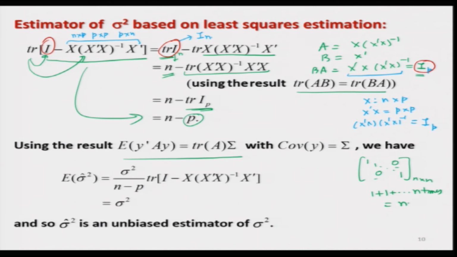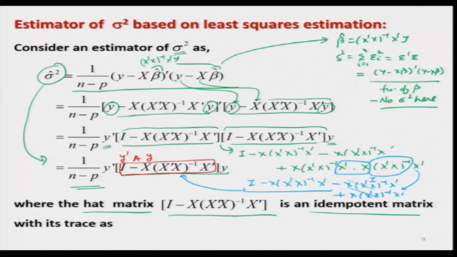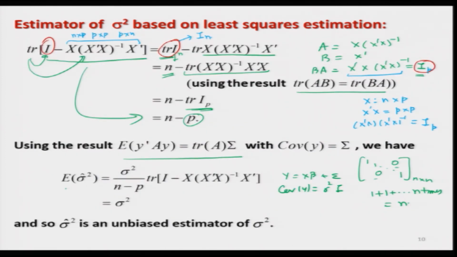In this case, because you are assuming y equal to X beta plus epsilon, the covariance matrix of y is sigma square I. So, if I now take the expectation of this quantity, the expected value of sigma hat square is equal to sigma square into the trace of A, which is obtained here as the trace of the hat matrix, n minus p, and in the denominator we have n minus p.